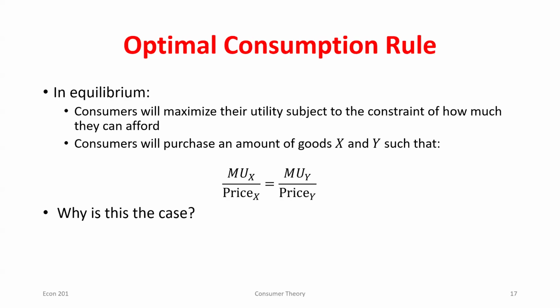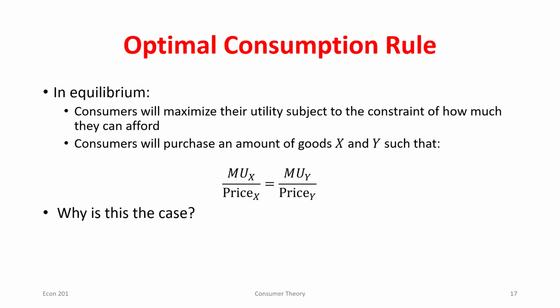Now, if I keep spending past this point, what would happen? Well, now the marginal utility goes down even more, and the marginal utility per dollar is higher for good Y. So now what do I want to buy more of?